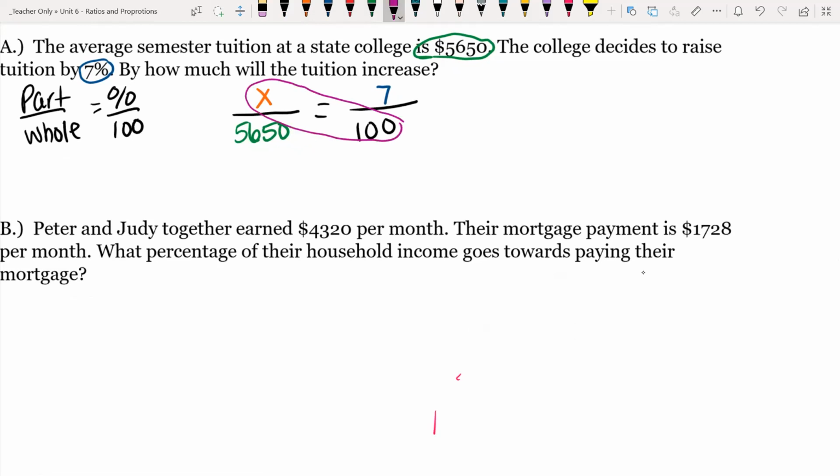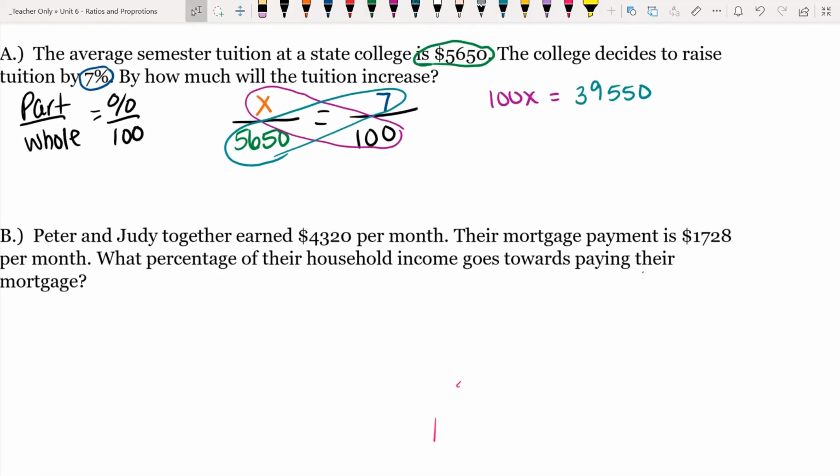So it's 100x equals 5,650 times 7, which is 39,550. Divide by 100 on each side. And you should get x is equal to 395.50.